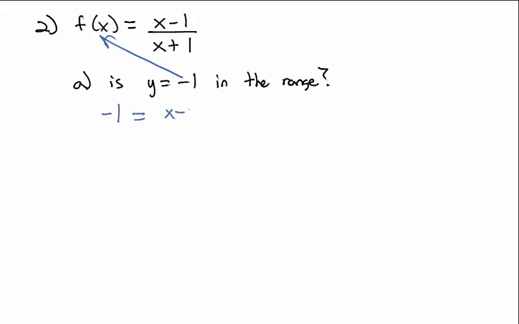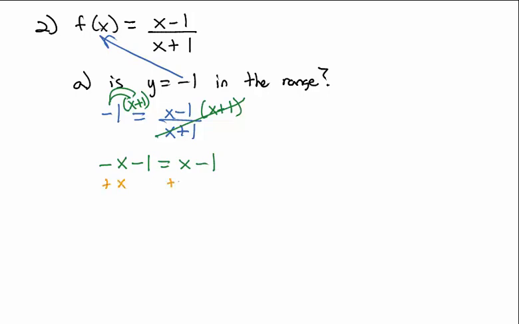Negative 1 equals x minus 1 over x plus 1. Solving, we're going to multiply both sides by the denominator of x plus 1, because it's going to divide out of the right, and we'll distribute on the left. Negative x minus 1 equals x minus 1.